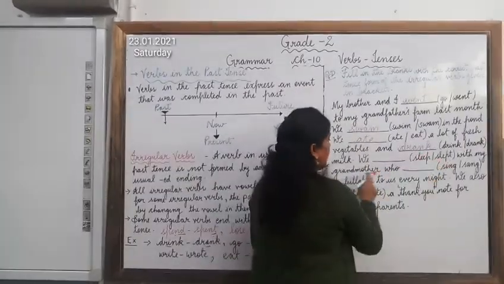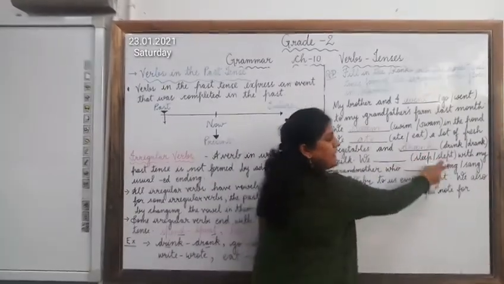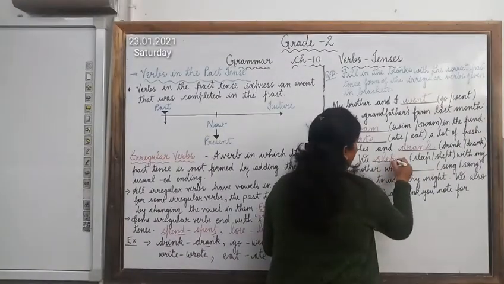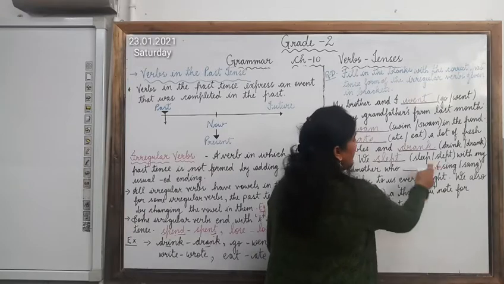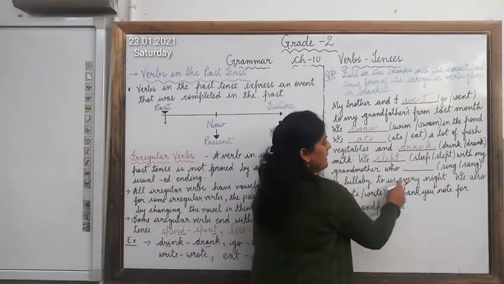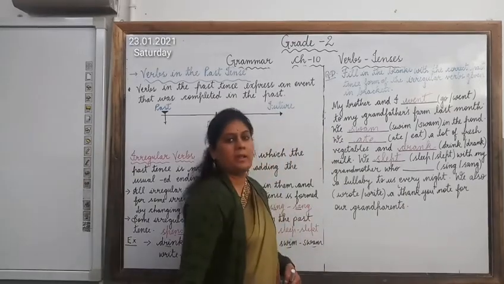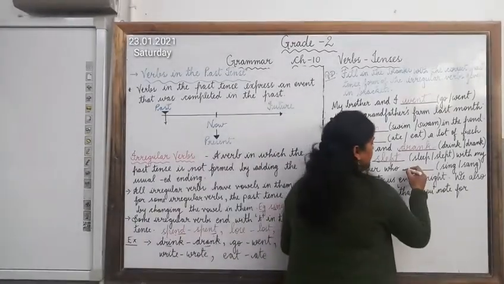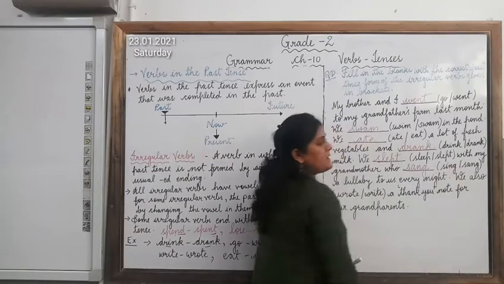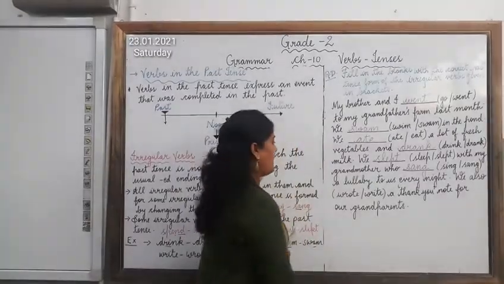We blank with my grandmother. Sleep or slept? Yes, slept is the correct past form of sleep. Who blank a lullaby to us every night? The correct answer here is sang. Past tense of sing will be sang.